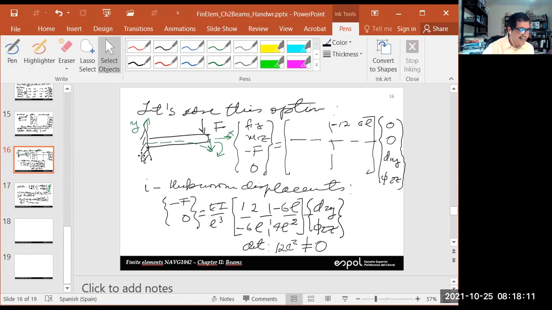So you need an external moment in the opposite direction. Counterclockwise, you see this is X, this is Y. Counterclockwise is positive. So you are applying a moment like this, which is positive. So it makes sense. People, any questions? Anybody? No? Okay.